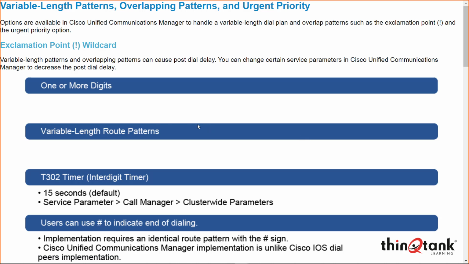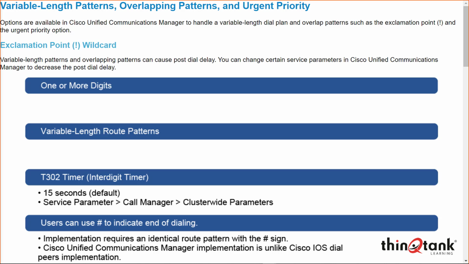All right. So how do I handle variable length patterns? How do I handle overlapping patterns? There are scenarios, and I'll go back to this scenario, where we have maybe a pattern that needs to match an international number.